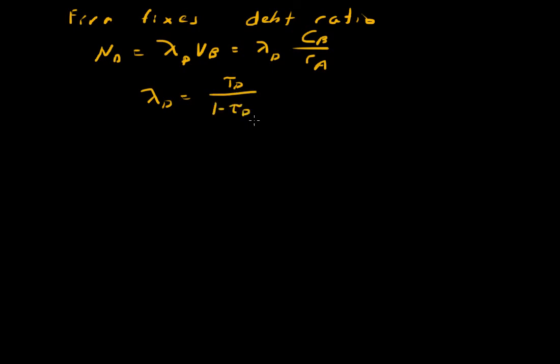So if you have a target debt ratio, it must be the case that to maintain that ratio, you will lever up any new assets with this relationship. Okay, so let's look at that.